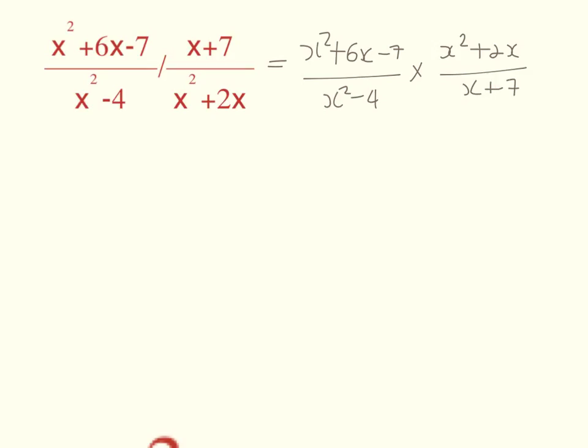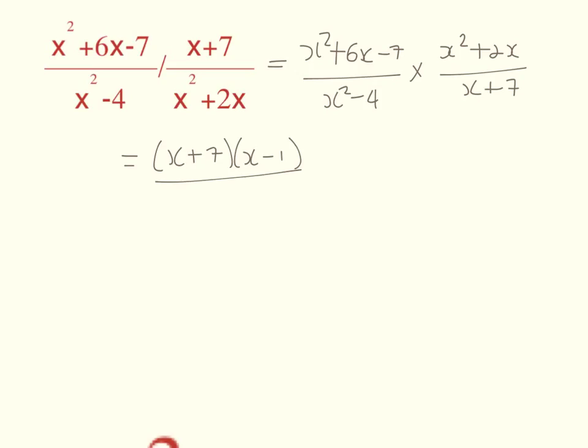Okay, now what I want to do is start factorizing things out, which will then give me, for just this bit at the top here, a couple of brackets, x plus 7 and x minus 1.